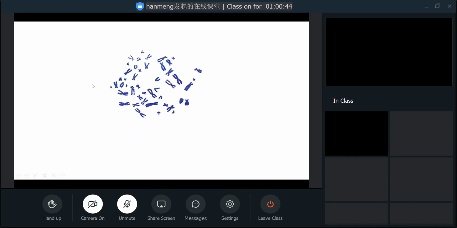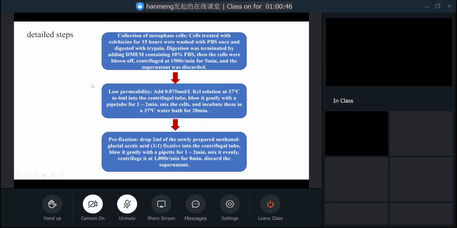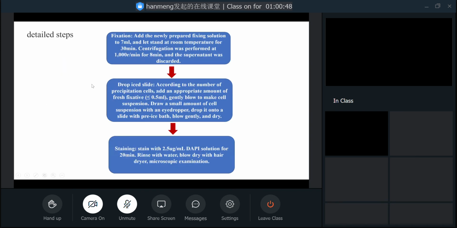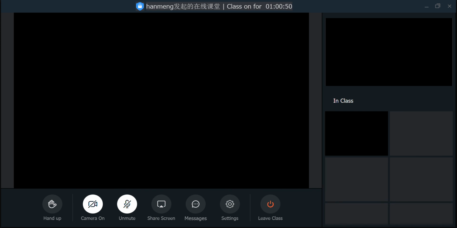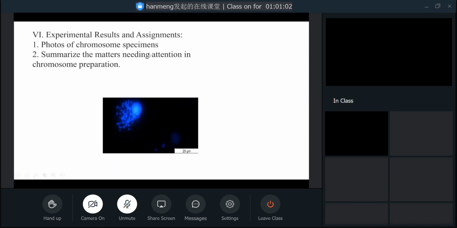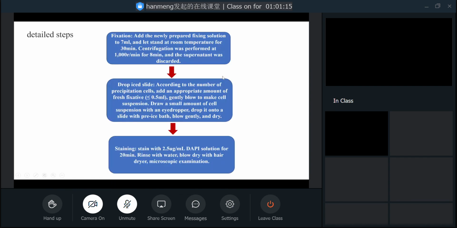You should notice that I didn't give you the matters needing attention in the experiment. So you should summarize the matters needing attention in the chromosome preparation.